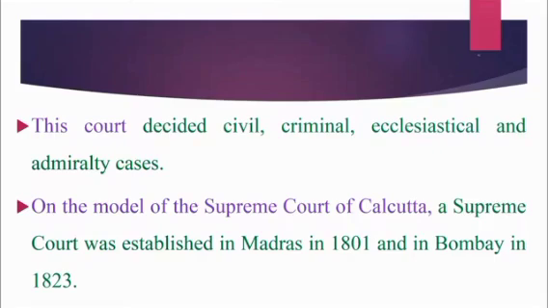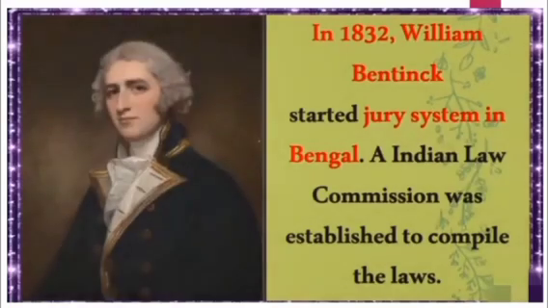Then, on the model of the Supreme Court of Calcutta, a Supreme Court was established in Madras in 1801 and in Bombay in 1823. Then, in 1832, William Bentinck started the jury system in Bengal.